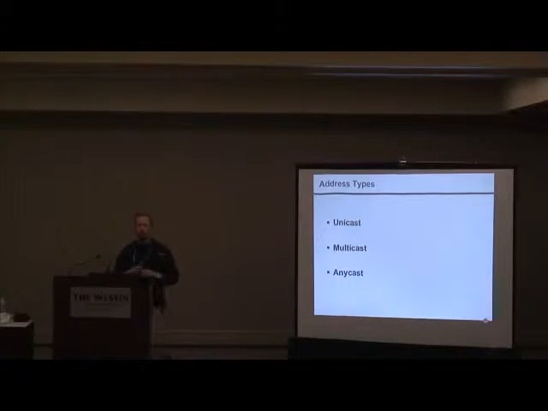Anycast is usually described as a type. It really isn't. Anycast is exactly the same as it is in v4. It's really a routing trick, where essentially you inject the same host address, the equivalent of a /32, a /128, everywhere, and then routers pick whichever one is topologically closest as the actual host that gets the packet.